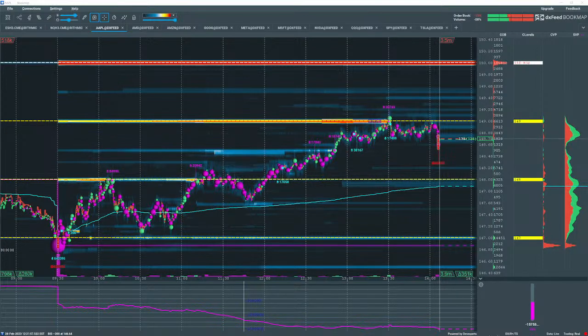And Bruce, who does the advanced webinar every day at 10 a.m., has talked about this, and he doesn't really look at CVD often. And if it just happens to be going in the direction of price, then that makes me feel a little better. But I don't make any trading decisions solely based on CVD, and this is a good illustration of why.